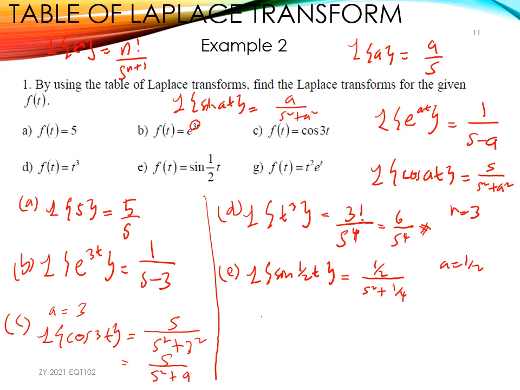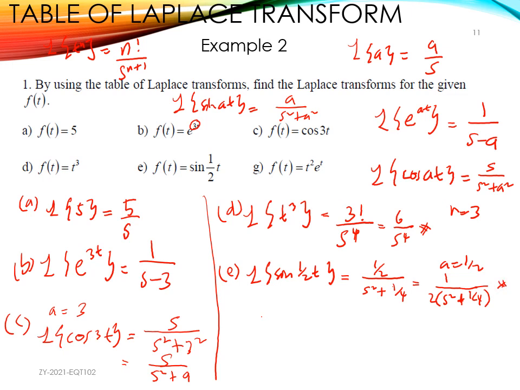Then you can simplify it like this: 1 over 2 times s squared plus 1 over 4. Or you can simplify it more, but I'll stop here.